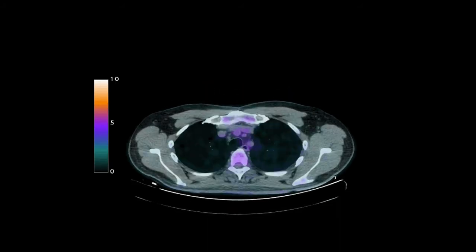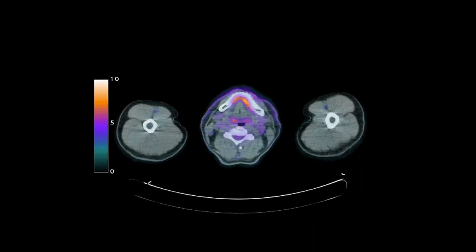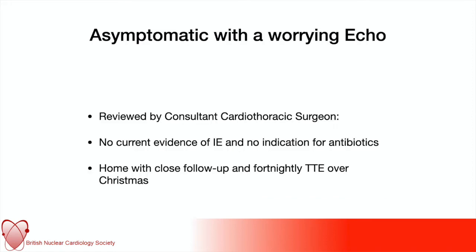Just to take 2 images of that, highlighting the uptake on the posterior element of that mitral valve repair. Nothing else, but again suspicious of active infection in endocarditis. So this is December. He was reviewed by the consultant cardiothoracic surgeons after that scan. No current evidence of infective endocarditis. They thought there were no indications of need for antibiotics. He should go home because it's Christmas, and we can keep an eye on him on echo over the holidays.